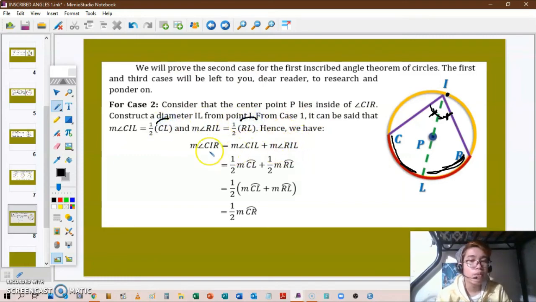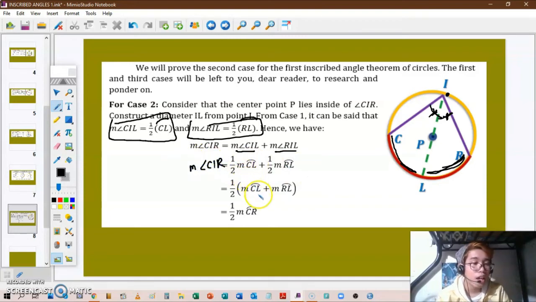Hence the measurement of angle CIR is equal to the measurement of angle CIL plus the measurement of angle RIL. Based on the previous inscribed angle theorems, 1/2 of the measure of arc CL plus 1/2 the measurement of arc RL is equal to the measurement of angle CIR.